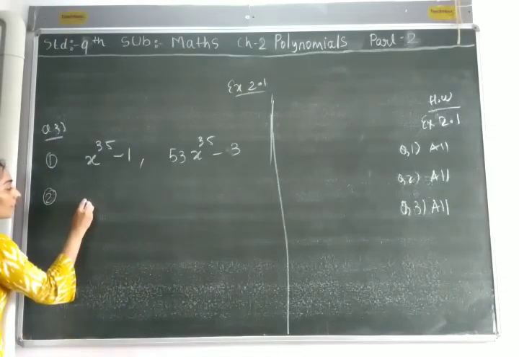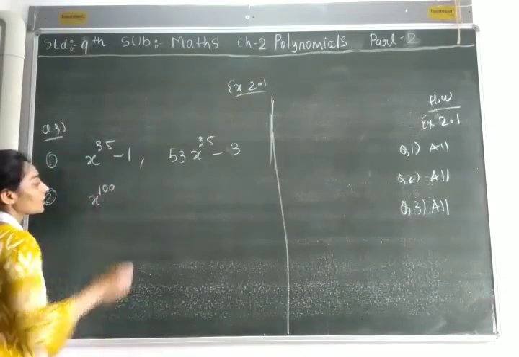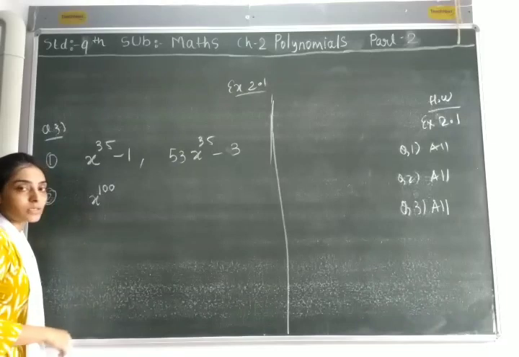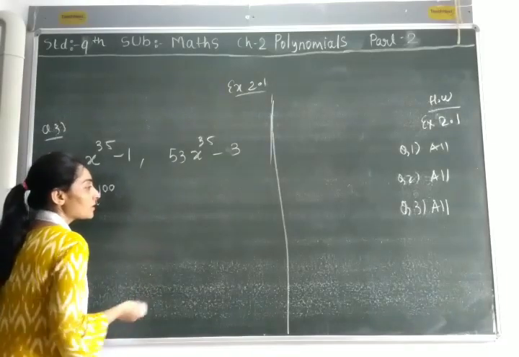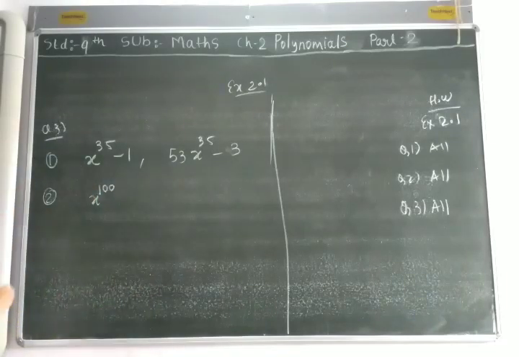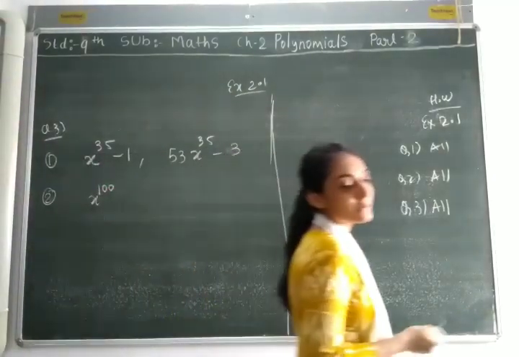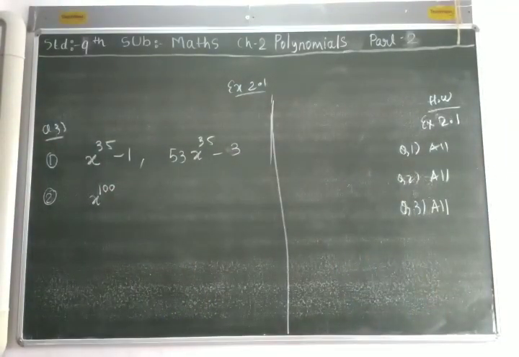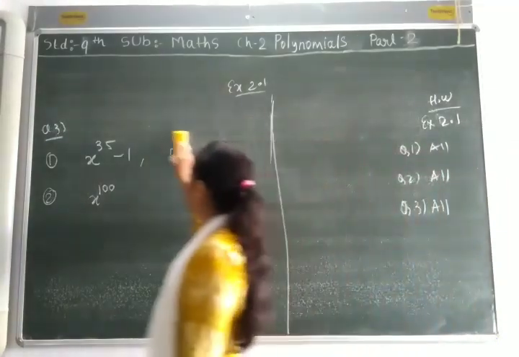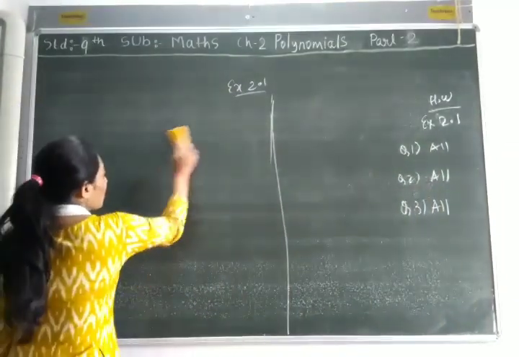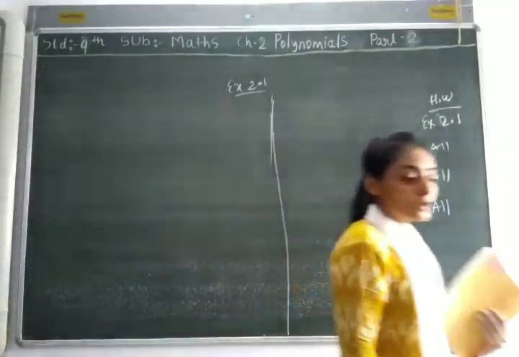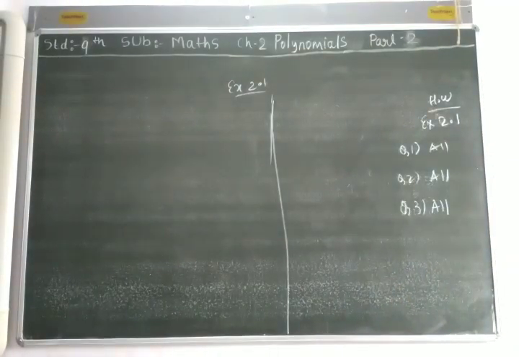So for a monomial of degree 100, I am writing x to the power 100. That is also an example of a monomial. Take different examples and solve question number 3. Now, move on to question number 4.